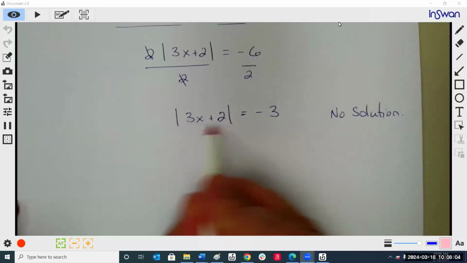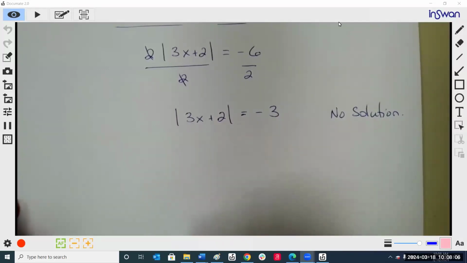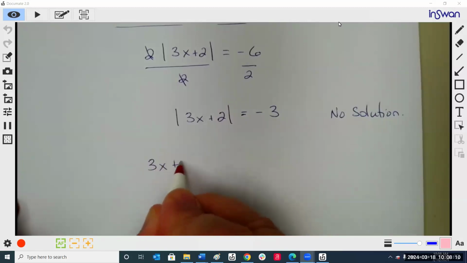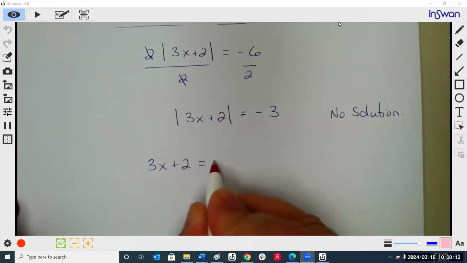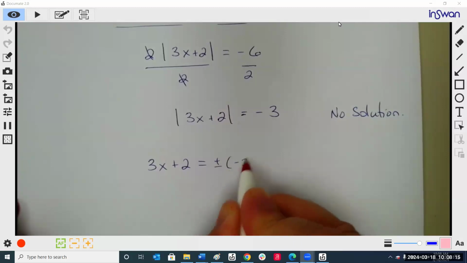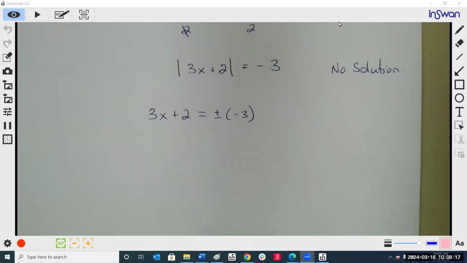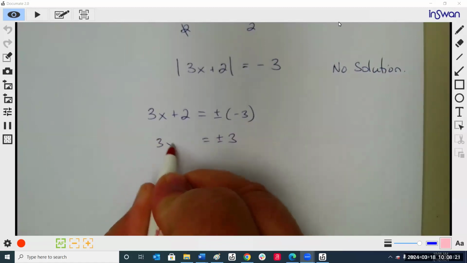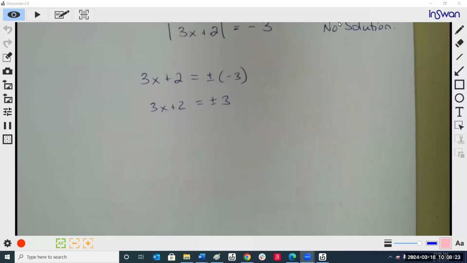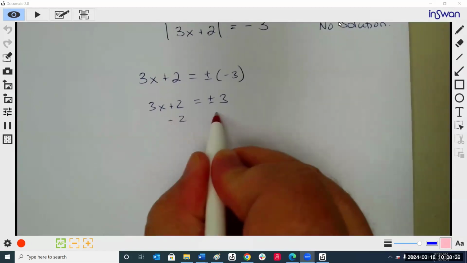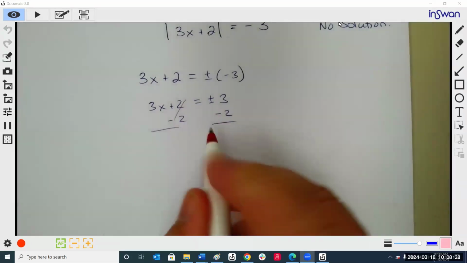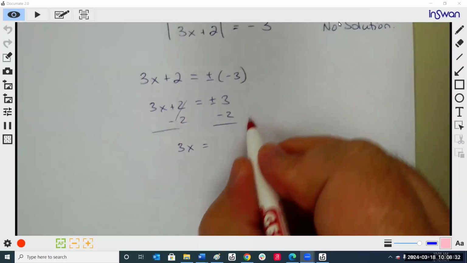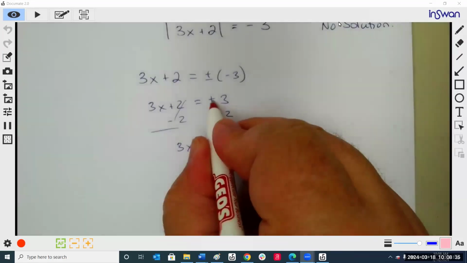At this point, we would change the sign of the answer. So we have 3x plus 2 equals plus or minus of -3, which would in essence still be plus or minus 3. So we subtract 2. We have to do 2 of these.